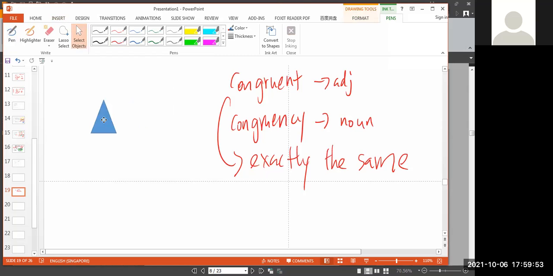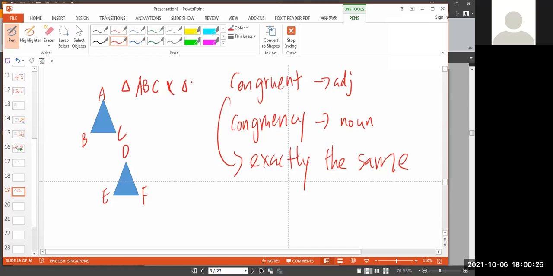So if I label this triangle ABC, let me have a duplicate of ABC. I name this DEF. So triangle ABC and triangle DEF are exactly the same, right?